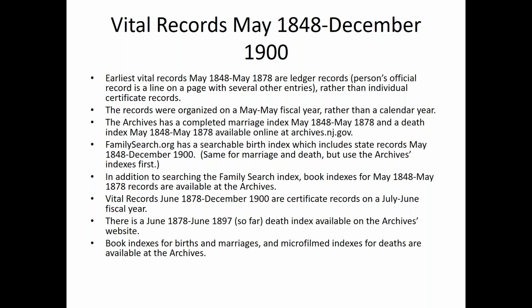And the fiscal year starting in June of 1878 and going to December of 1900 is a July to June fiscal year. So for example, a fiscal year would be July of 1888 to June of 1889.